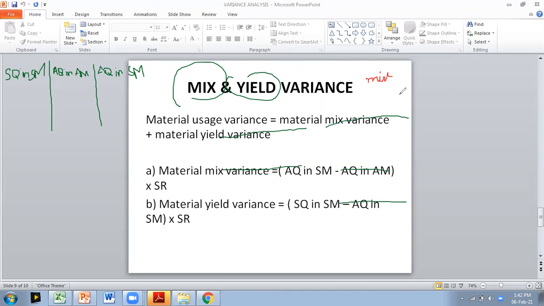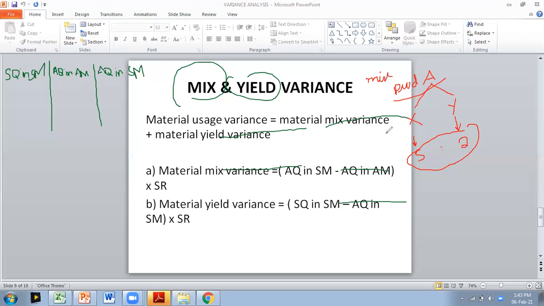Whenever you have two types of materials, let's suppose you make a product that is called product A, and product A is made from two types of material, that is X and Y. Fine. Now X and Y would be added in some proportion, right? Let's suppose you add 5 units of X and 2 units of Y. So this is the mix. This 5:2 is actually the mix in which you are adding the material to make product A, right?